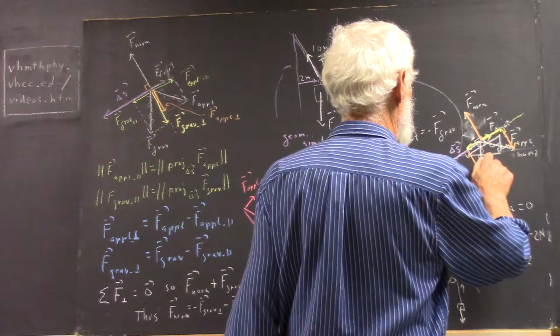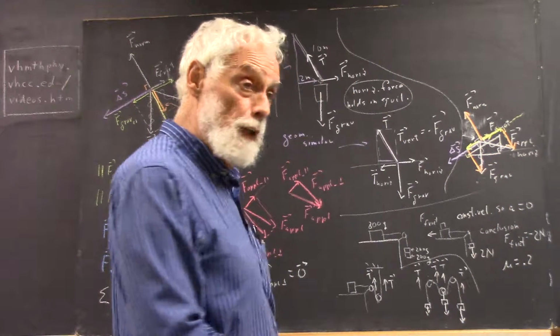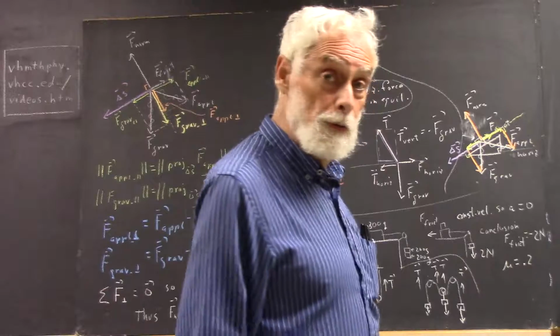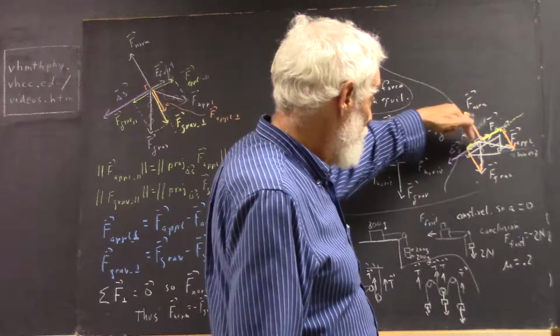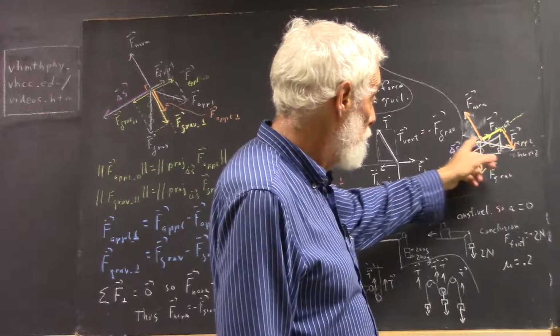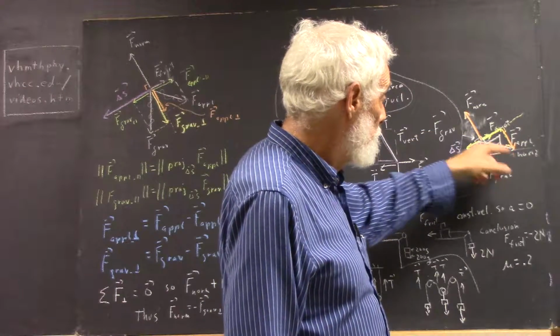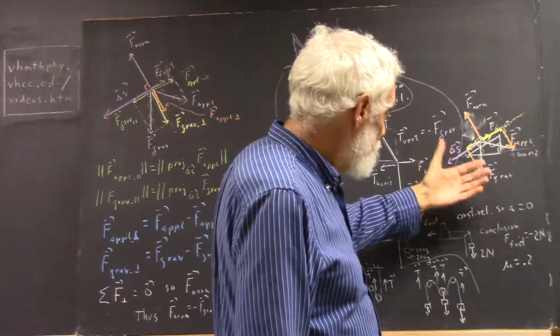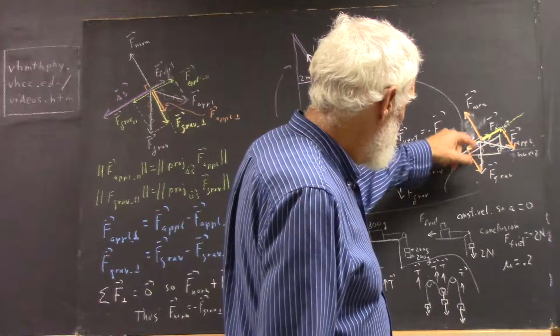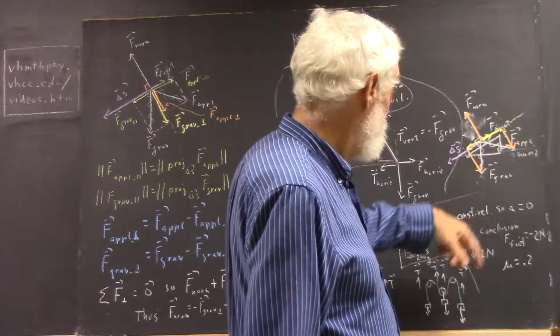So I'm going to kind of leave it there, but I'm going to put the little wavy line through it to indicate that we've replaced it with something else, in this case with these two vectors. So F applied has a wavy line because now we've replaced it with its two components, and F grav is now gone because we've replaced it with its two components.